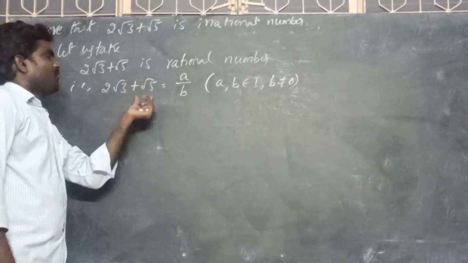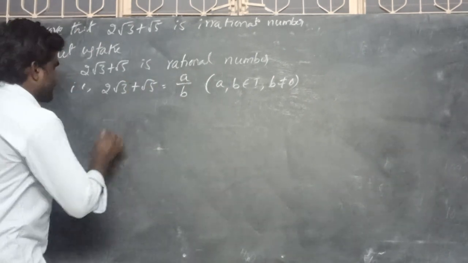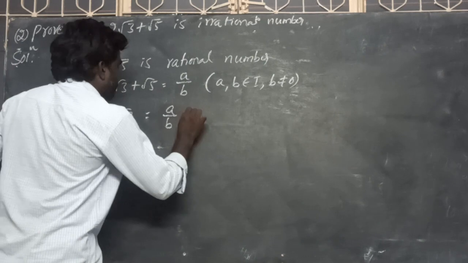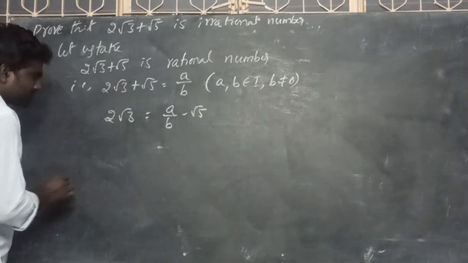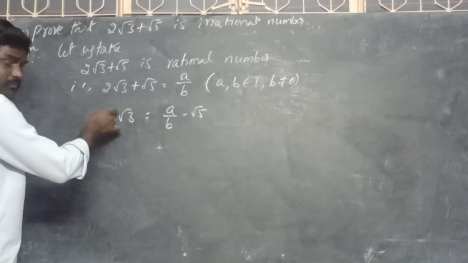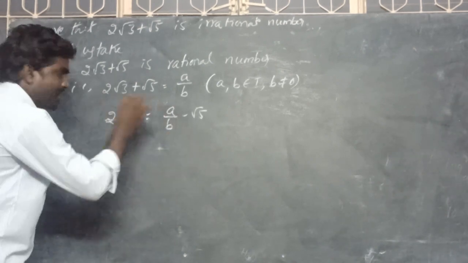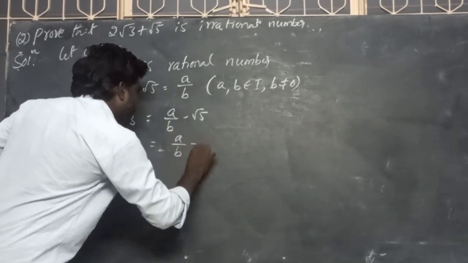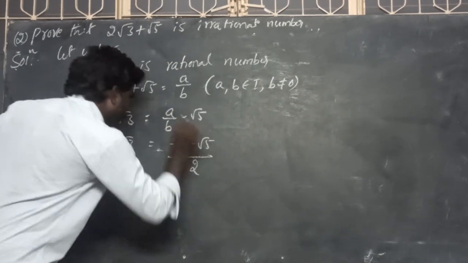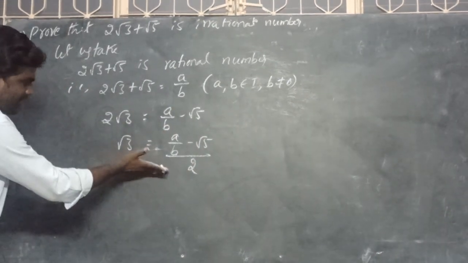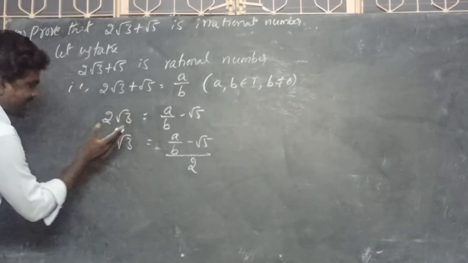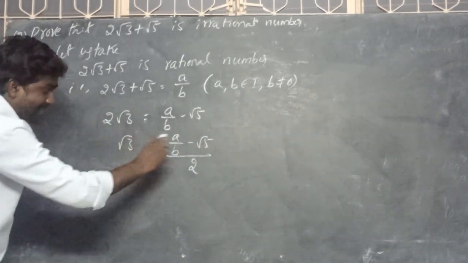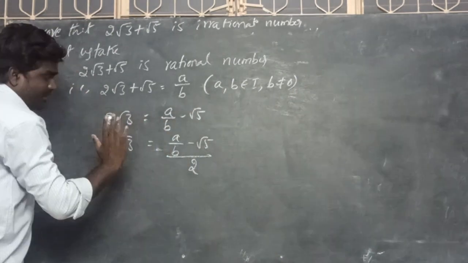Plus root 5 is going to be subtracted on the other side. So 2 root 3 is equal to a by b minus root 5. Here 2 is multiplied, so it is going to be divided. So root 3 is equal to a by b minus root 5 by 2. In this step, the left side is irrational and the right side is also irrational.